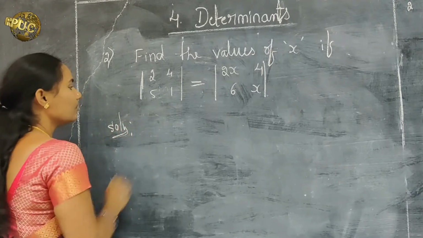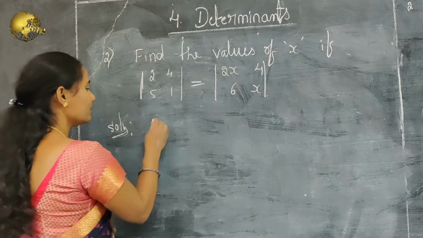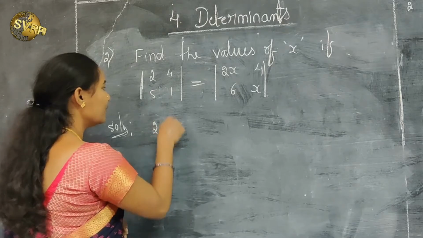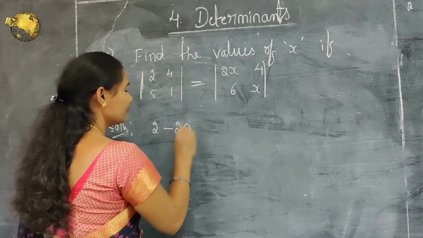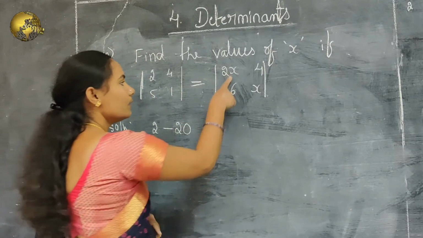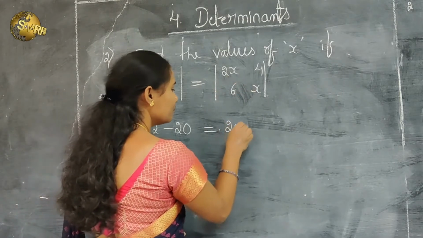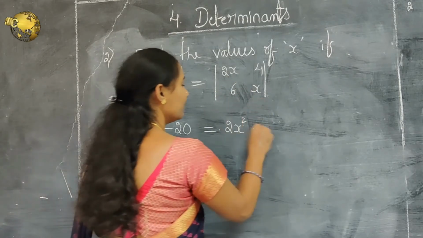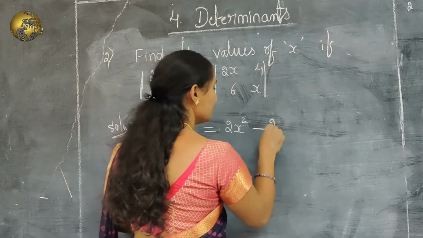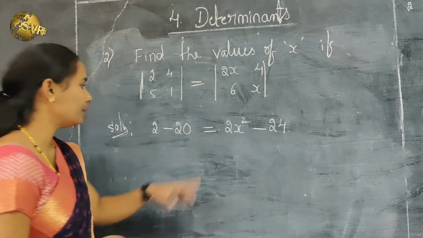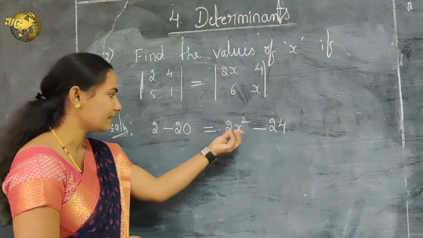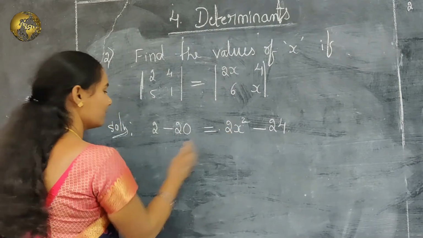Solution. Okay, first let me expand this determinant. 2 ones are 2, minus 5 fours are 20, is equal to 2x into x, 2x square, minus 6 fours are 24. But we want the value of x, so I'll keep the positive sign as it is.